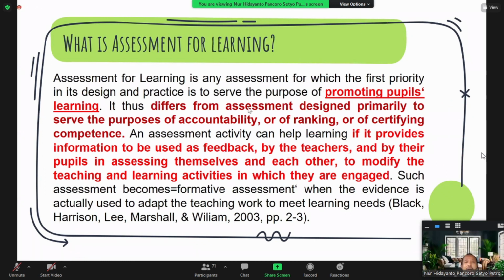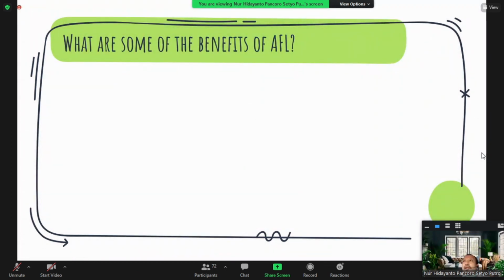All right. Now let's have a look at some benefits of assessment for learning itself. The first point is that assessment for learning improves learner outcomes. How do we do this? Of course, we can do this by providing our students with feedback.